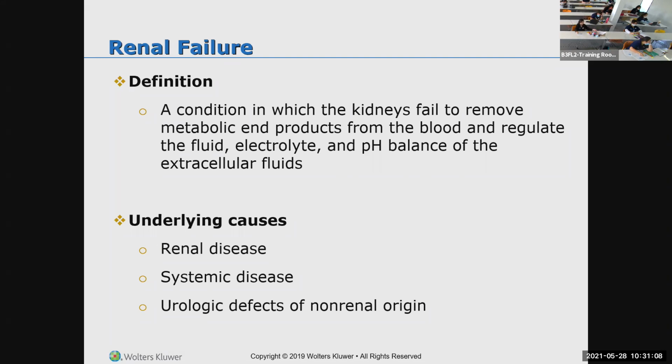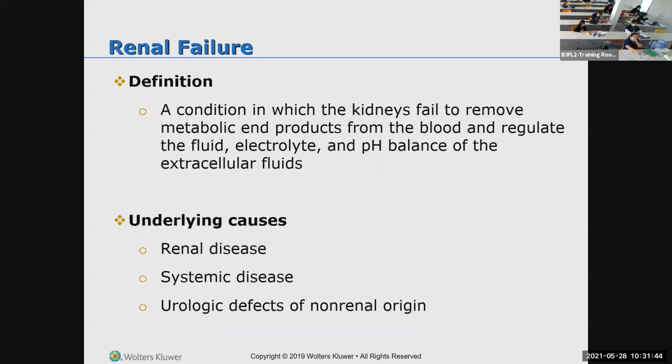A condition in which the kidney fails to remove metabolic end products or waste products from the blood, and fails to regulate fluid, electrolyte, and pH balance of my extracellular fluid. If all this is together, then we call it kidney failure. Kidney is gradually failing, it's renal failure.